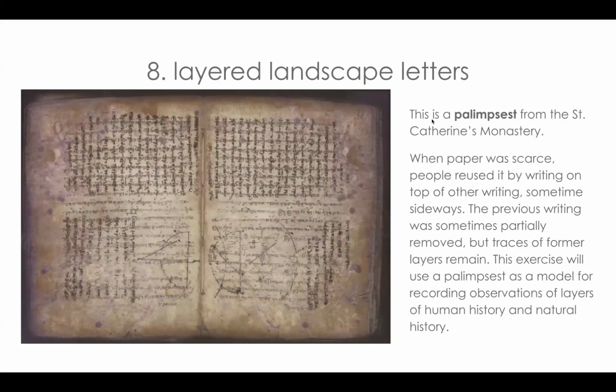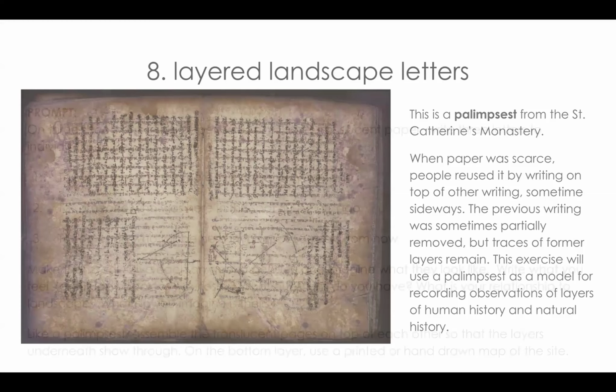So a palimpsest is a kind of, there was a time when paper was really a resource that we didn't have a lot of. And so people would take something and write sideways on somebody's old list of how many sheep, and then they would write a love note sideways on it or vice versa.